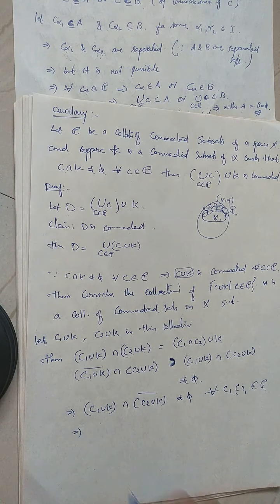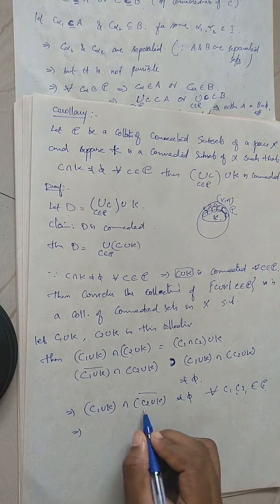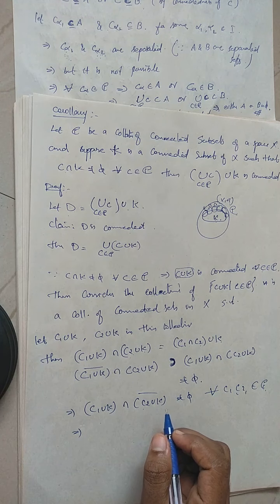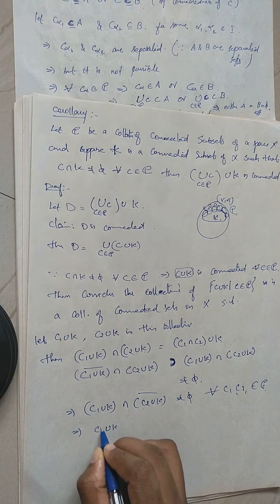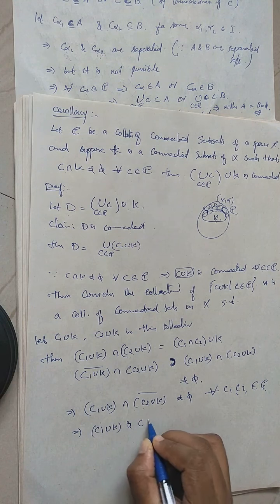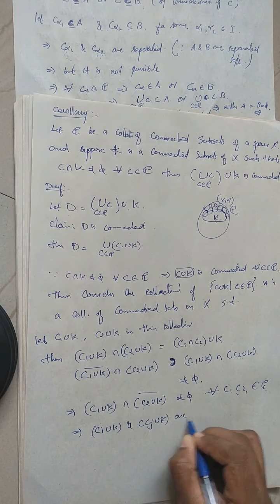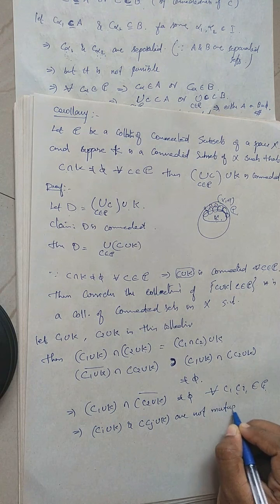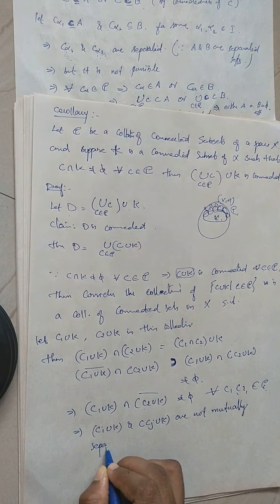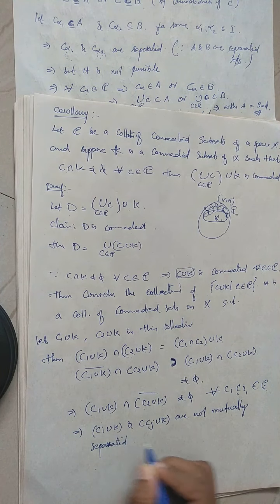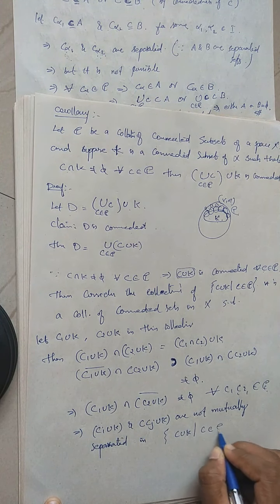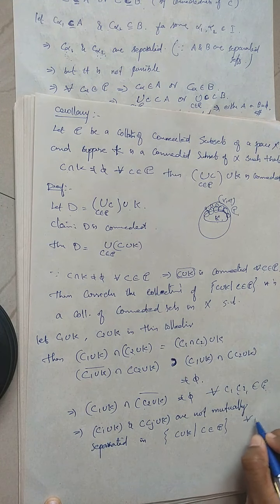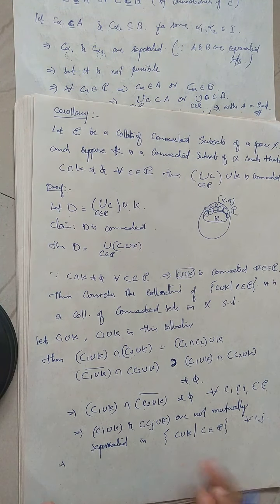So every Ci union K and Cj union K are not mutually separated, for every i and j, in the collection of all C union K such that C is in 𝒞. So this collection has all the properties of the previous theorem.